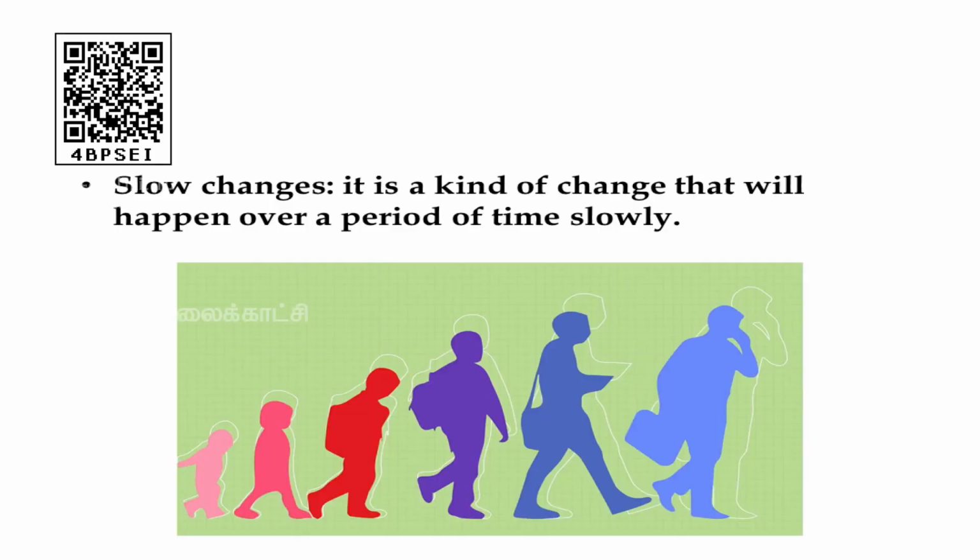It is a kind of change that will happen over a period of time slowly. For instance, a boy becoming a man is an example of this, as it happens over the years. Because a boy cannot turn into a man within a few days. It takes many years to happen. So this change will be a slow change.